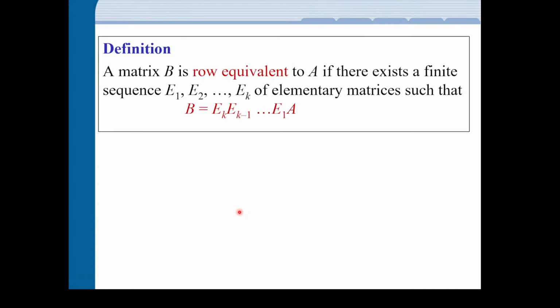And yeah, let's go back a little bit to linear systems. We say matrix B is row equivalent to matrix A if you can do a whole bunch of elementary row operations to go from matrix A to matrix B. And to write this down as a matrix, you say you are multiplying a whole bunch of elementary matrices.